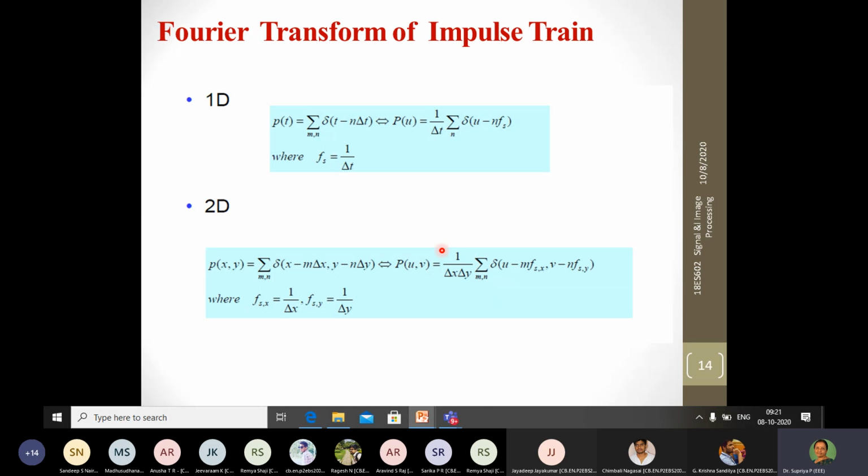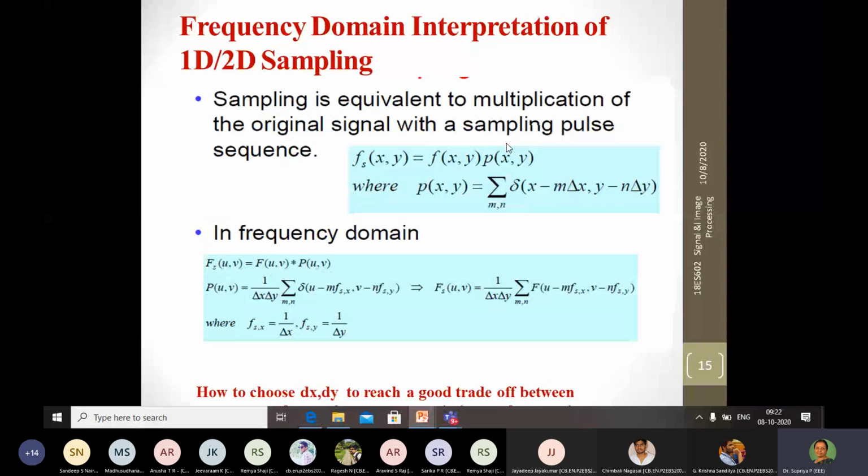So this particular value turns out to be 1 by delta x into delta y, which would be given by the same expression, replacing wherever we have delta x, we would be replacing fsx and fsy, just like here we are replacing it with fs. So with this particular base, we will just complete the expression to see what would be the sampling frequency expression.